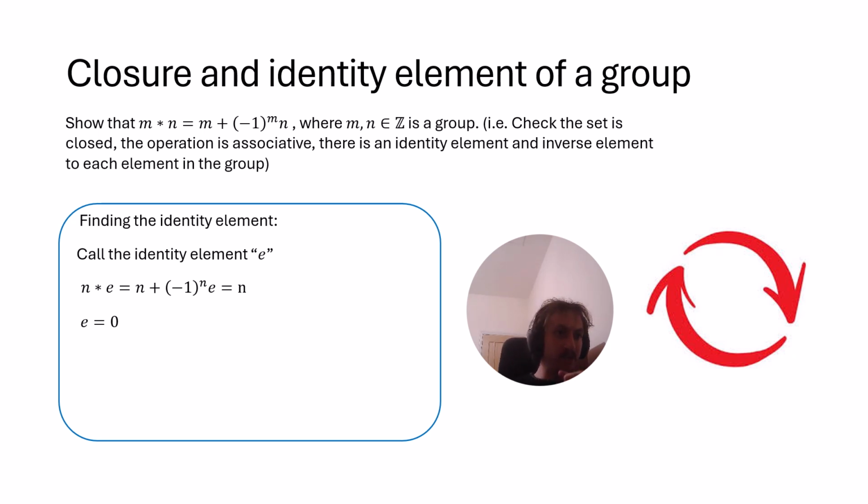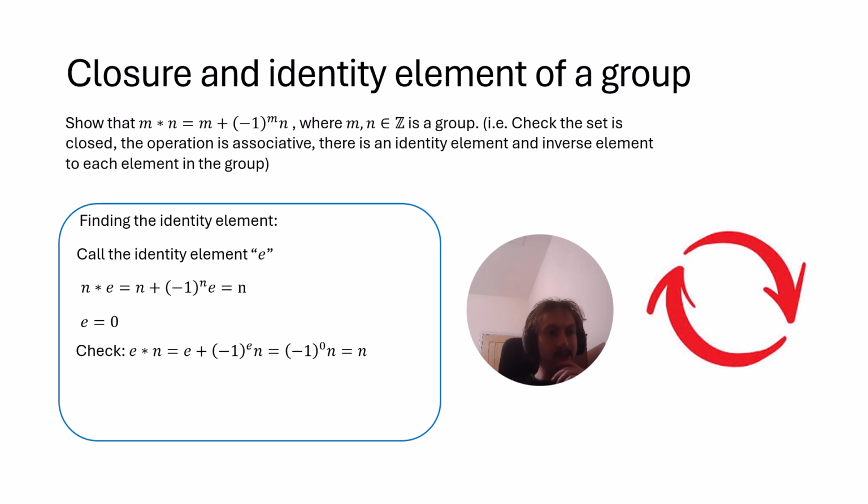So we found an identity element, but we need to check that E star n will also give back n, because remember that was an important property that the identity element had. Not only should n star E equal n, but E star n should equal n.